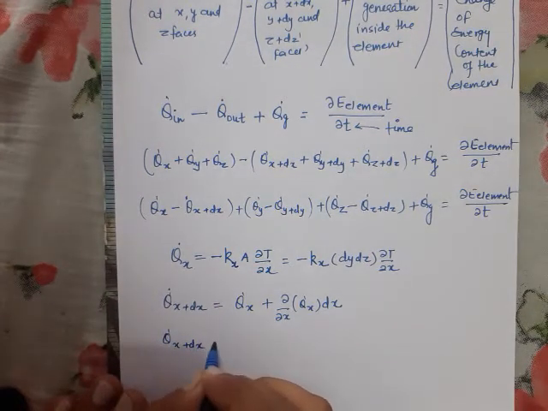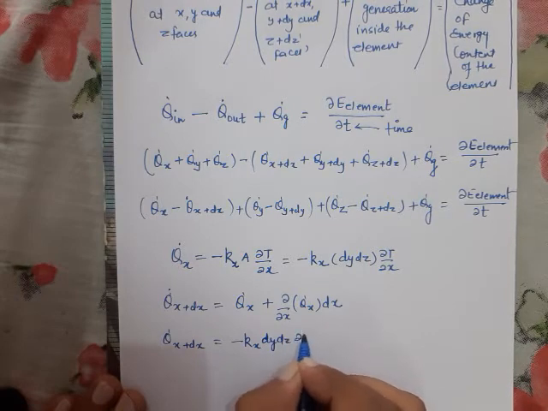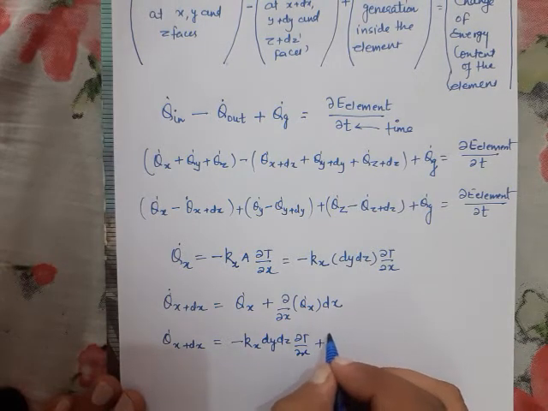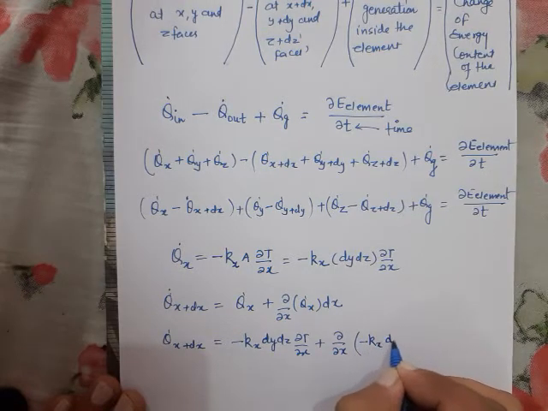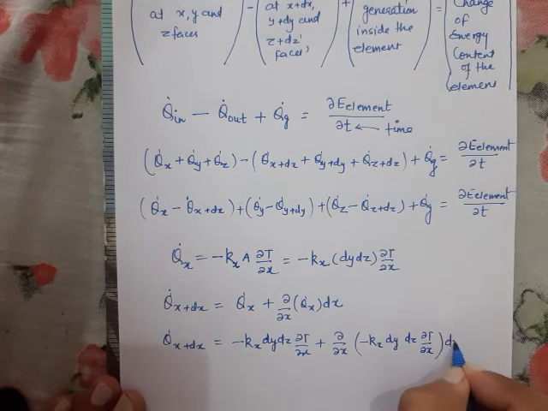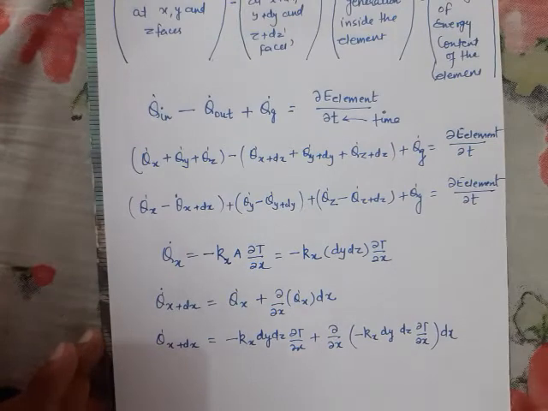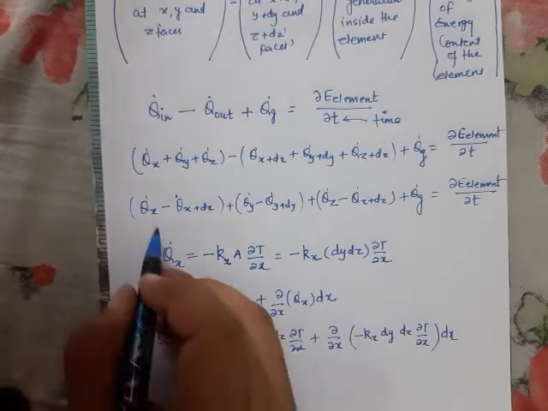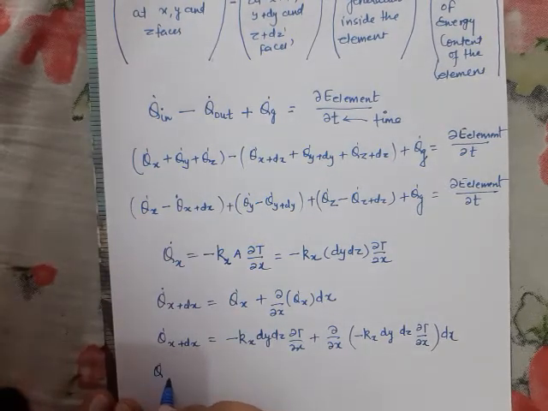Now put the values. Q dot X plus dx would be Qx, which is minus Kx dy dz del T upon del X, plus del upon del X of minus Kx dy dz del T upon del X into dx. Clear? I think it is clear to everyone. Now I need to write Qx minus Qx plus dx.